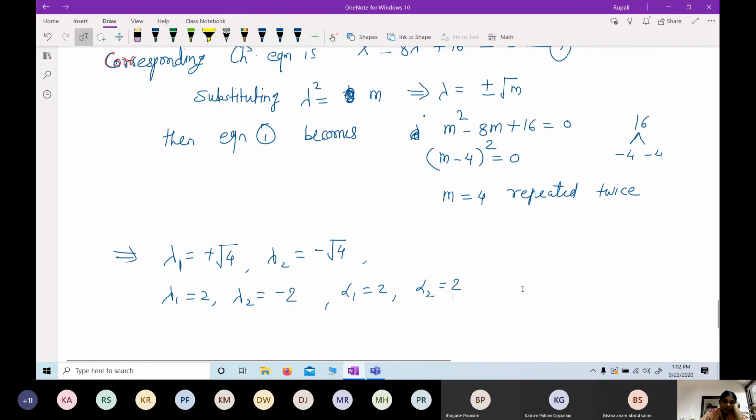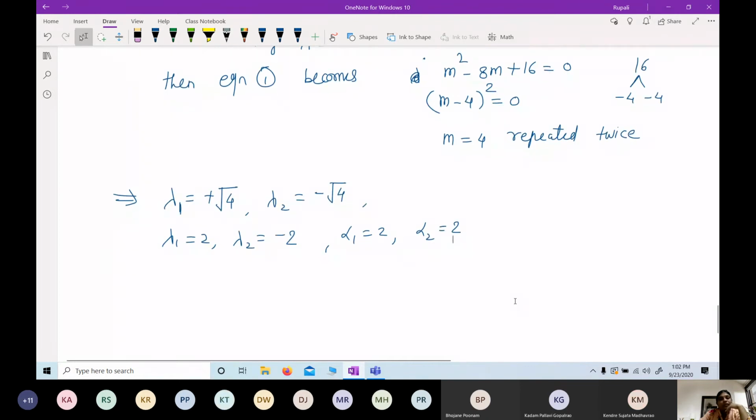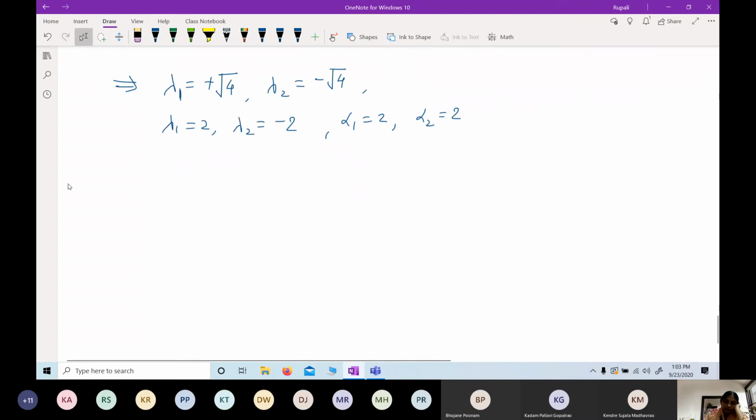So what are the roots? If the roots are these, then what is the solution?